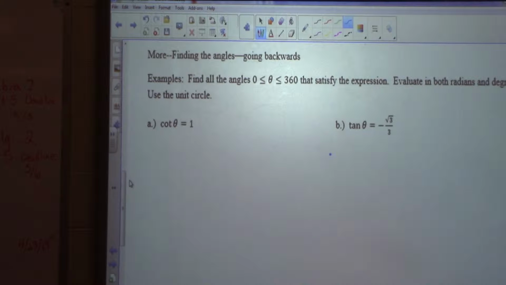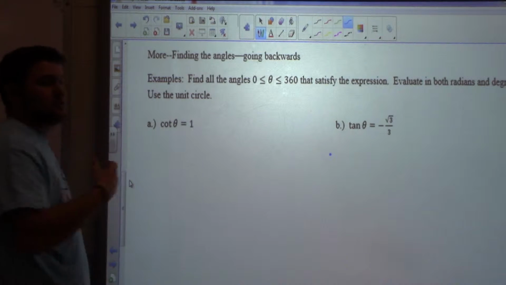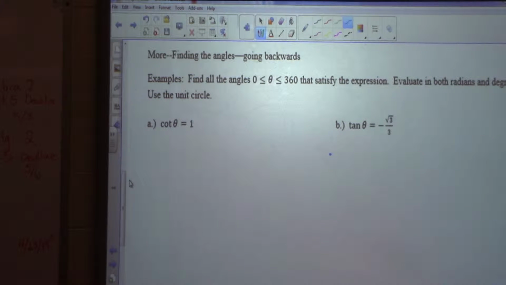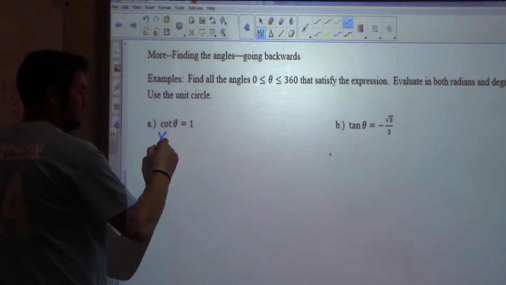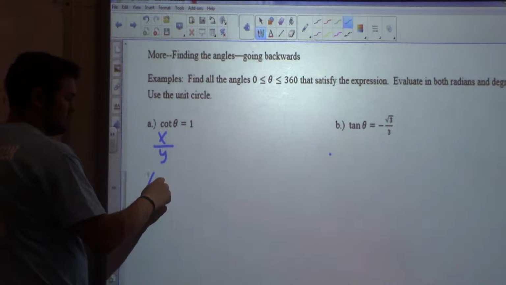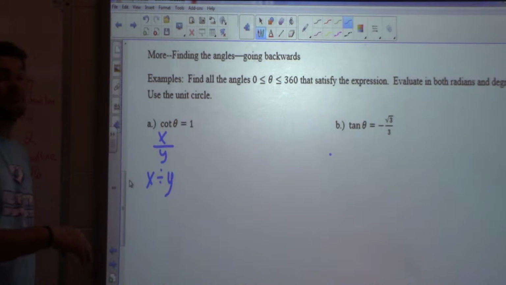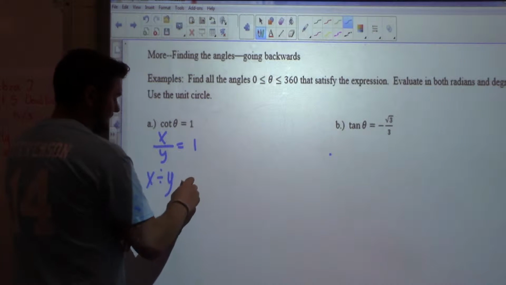Cotangent theta. We said in terms of x and y is what? On your unit circle, in terms of x and y, cotangent theta is what? X over y. Now, I would write it as x divided by y if you want. Doesn't matter. Now, for the cotangent, x divided by y or x over y has to equal 1.